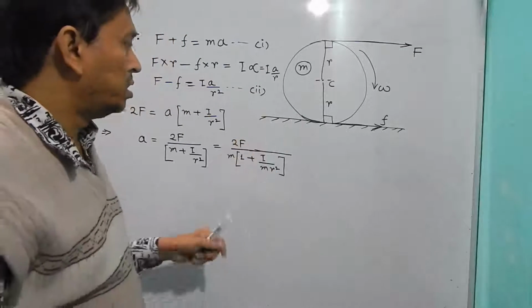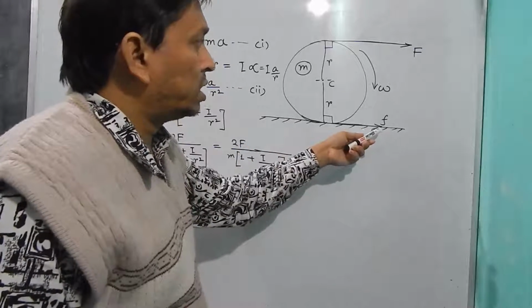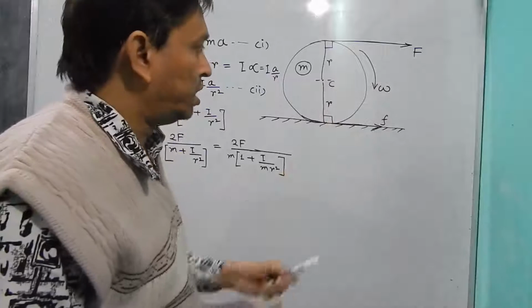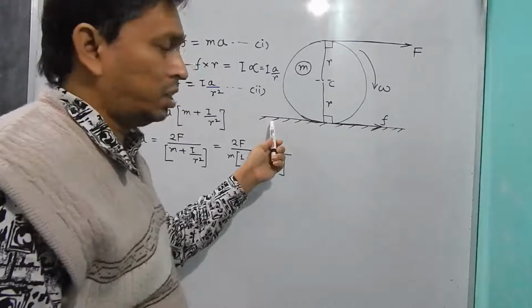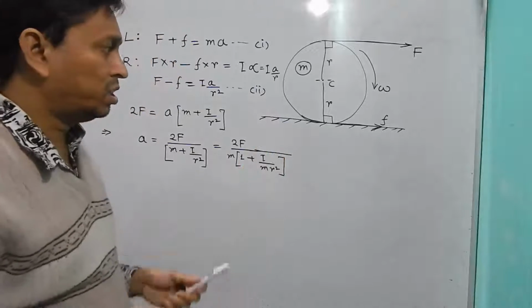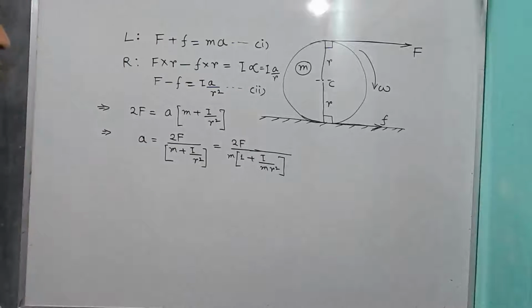Now in this case we have taken the frictional force in the same direction as the force applied. Now we can take it also on the other side, so it will not create any problem. See how.